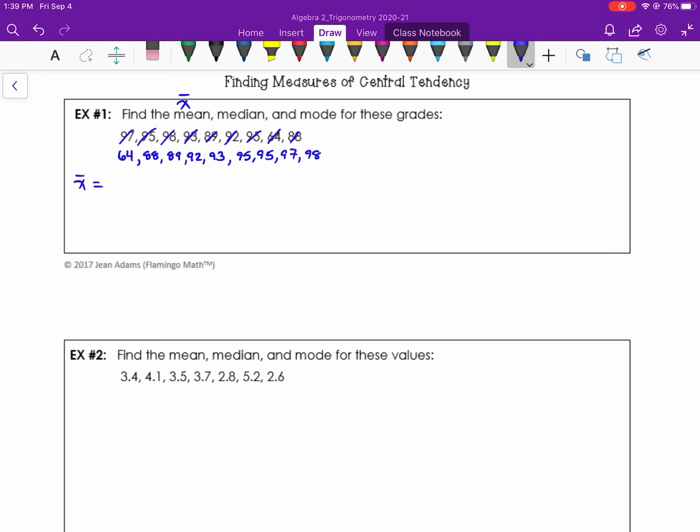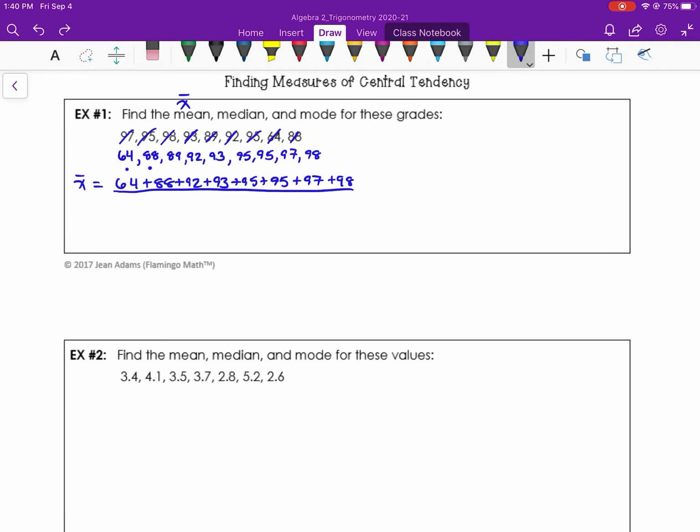So to find the mean, gotta add these all up. Alright, so just add them all up and divide by how many there are. So there's 1, 2, 3, 4, 5, 6, 7, 8, 9.